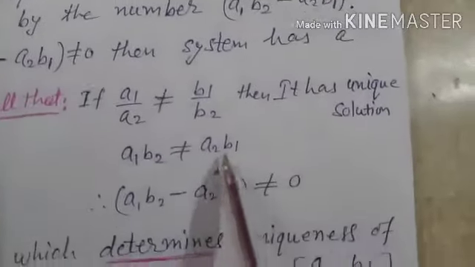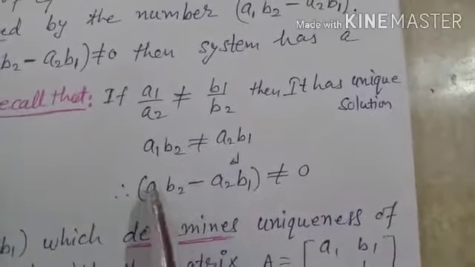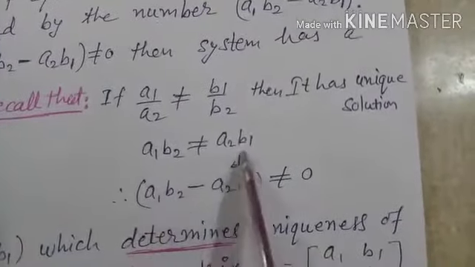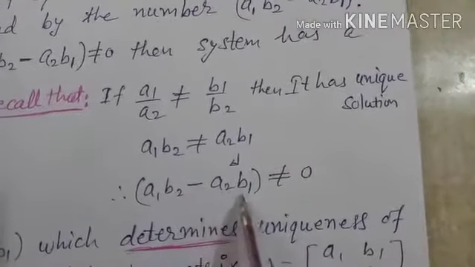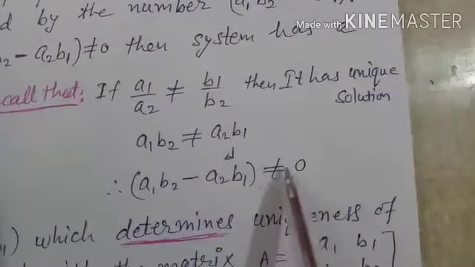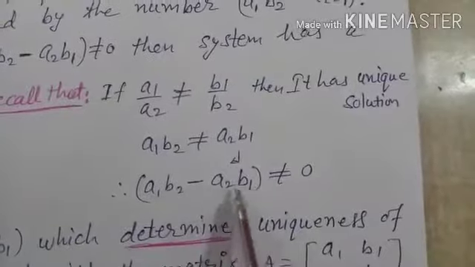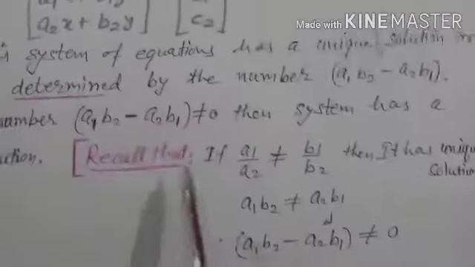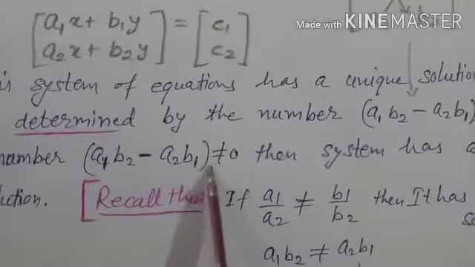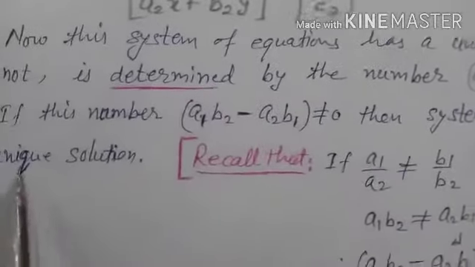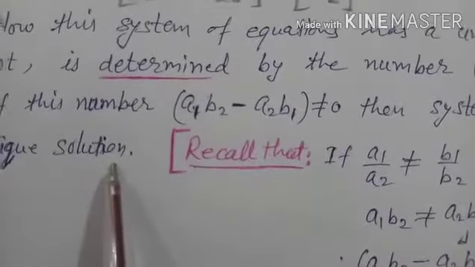Now transferring a2 into b1 to the left side, it will be a1 b2 minus a2 b1, and the symbol as it is, not equal to 0. If this number is not equal to 0, then the system has a unique solution.